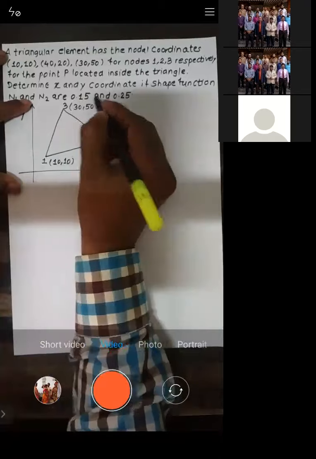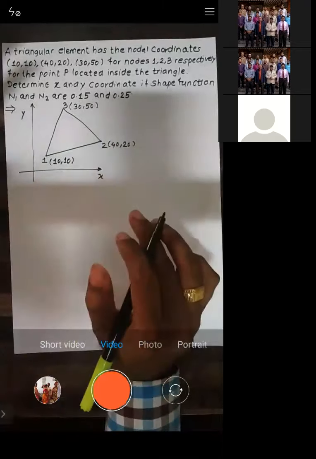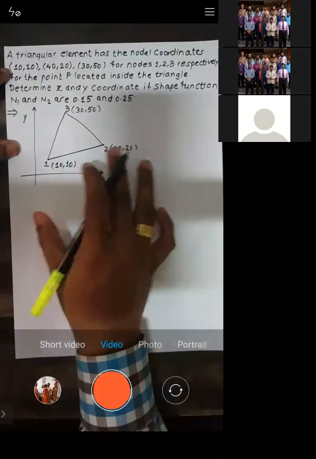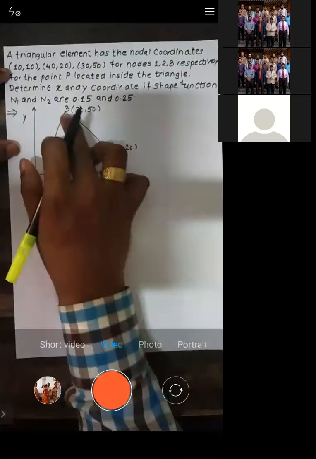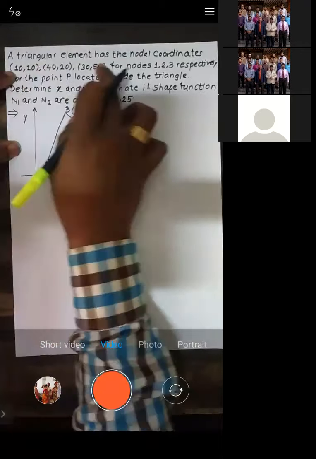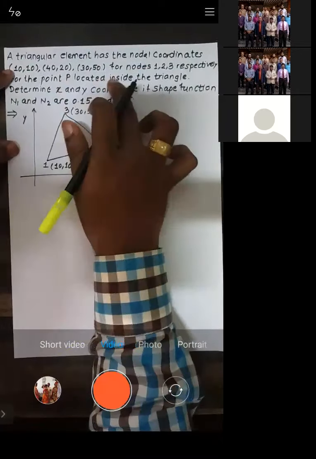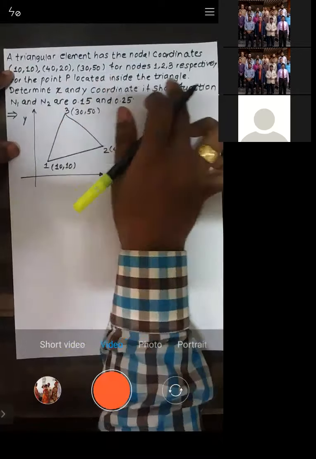I'm just assigning the coordinates; I'm not interested in the exact diagram. What I want is for these to be node 1, node 2, and node 3, with the coordinates assigned as mentioned in the problem. Now, they are asking for the point located inside the triangle, so I need to put one point P here.